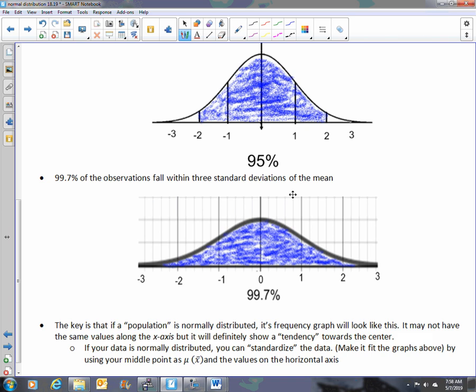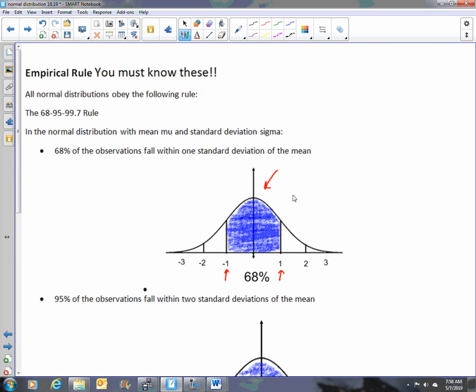Now, these are the percentages that we expect you to know when we're using the empirical rule. I think the empirical rule is a good teaching tool to help you understand what standard deviations mean.